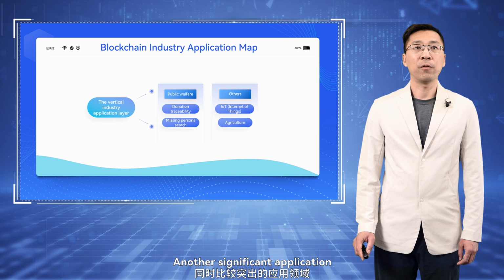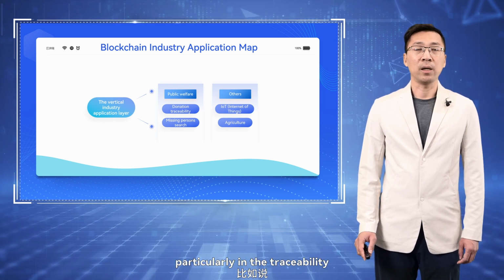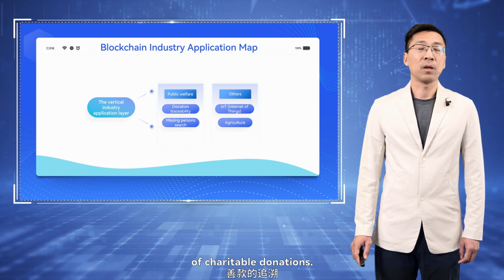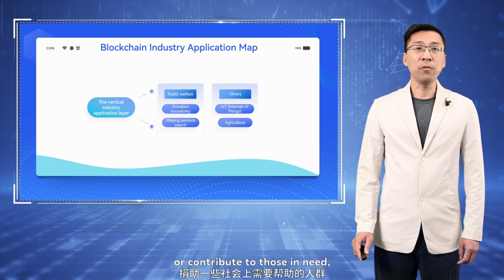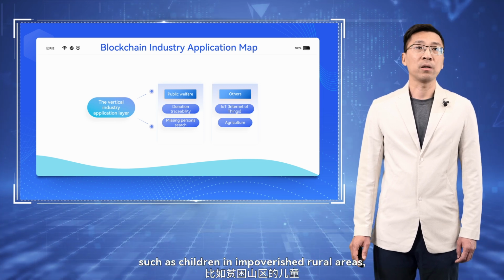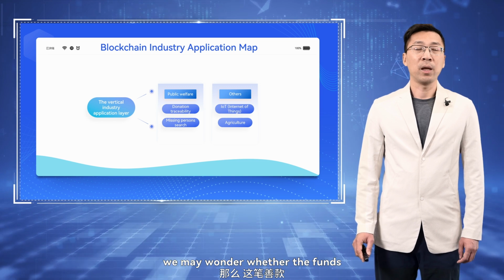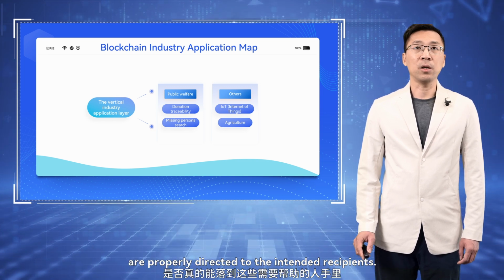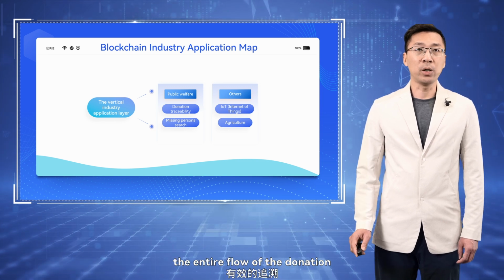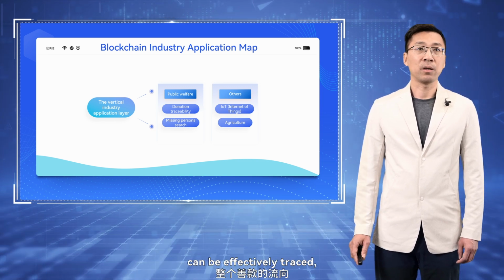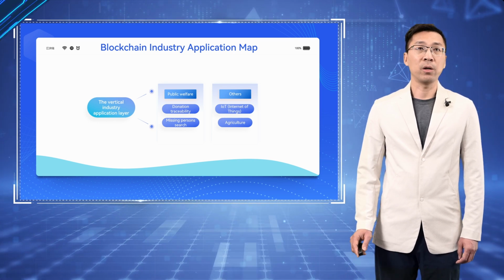Another significant application is in public welfare, particularly in the traceability of charitable donations. When we donate to public platforms or contribute to those in need, such as children in impoverished rural areas, we may wonder whether the funds are properly directed to the intended recipients. Blockchain ensures that the entire flow of the donation can be effectively traced, providing transparency and accountability.